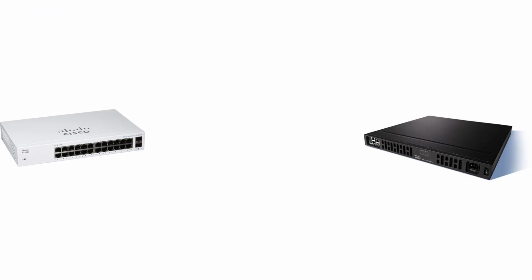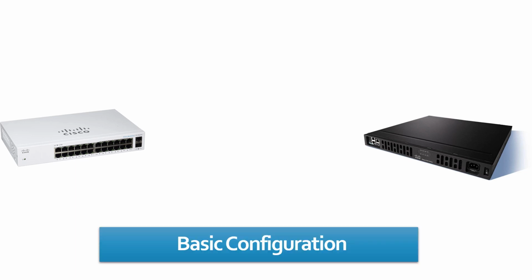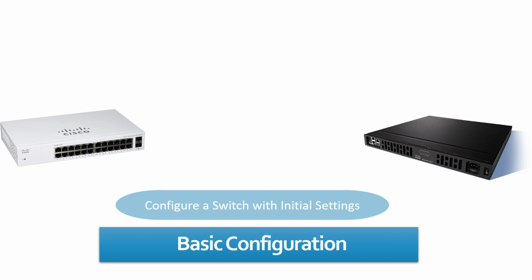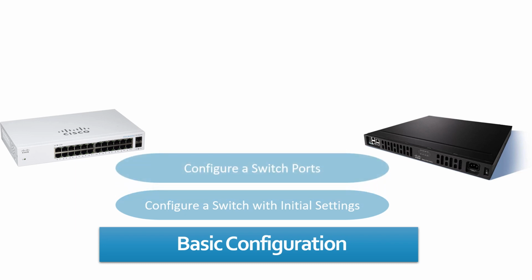The first thing that we will learn in this module will be how to configure devices using security best practices, which means that we will learn the basic configuration. We will configure initial settings on a Cisco switch. We will configure switch ports to meet network requirements.